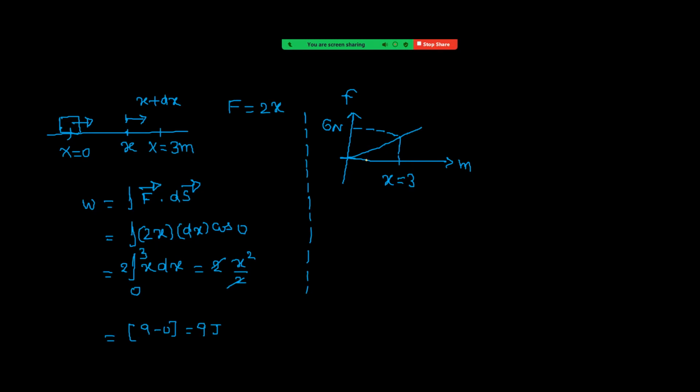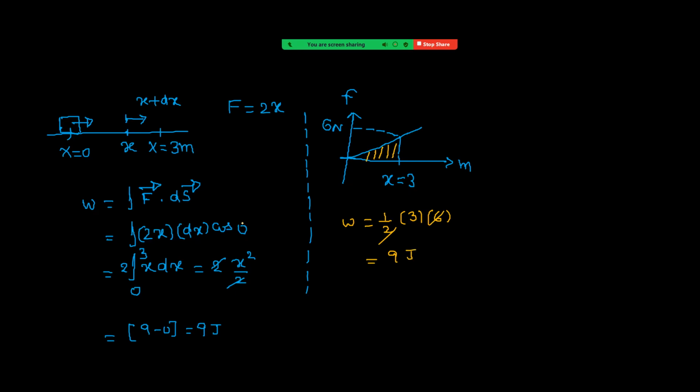The area which we are taking, that is now this part, yellow part. And that area is given by half base, base is 3. It is a triangle, right? So half base height. Height is now 6. So half 3 times 6, that is 9. Right?